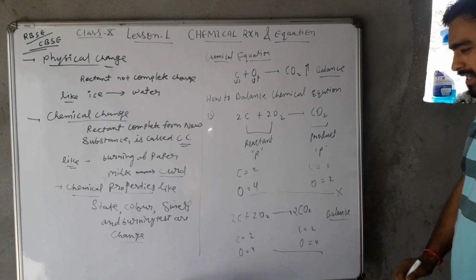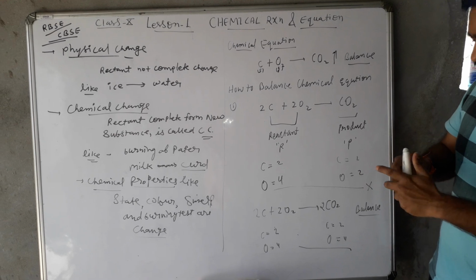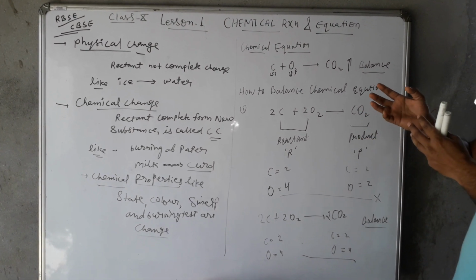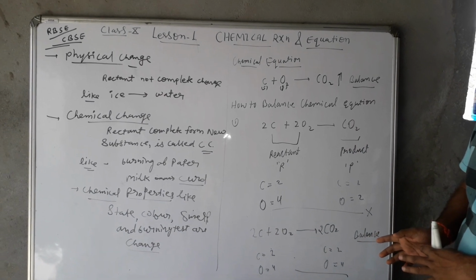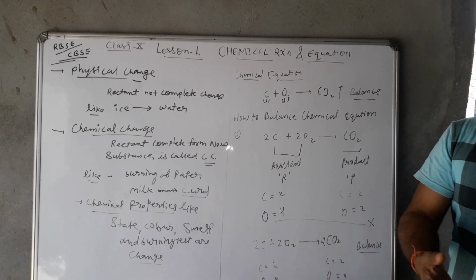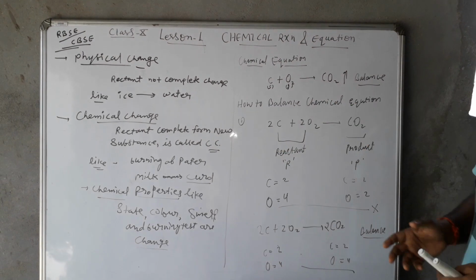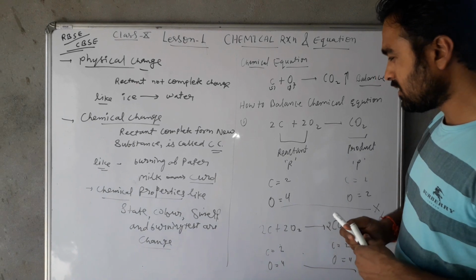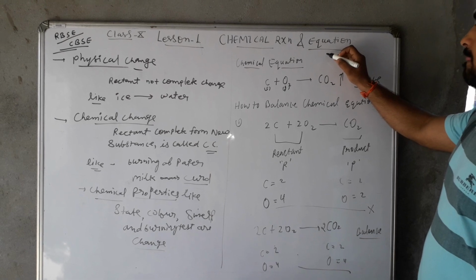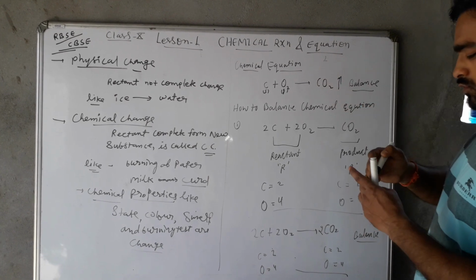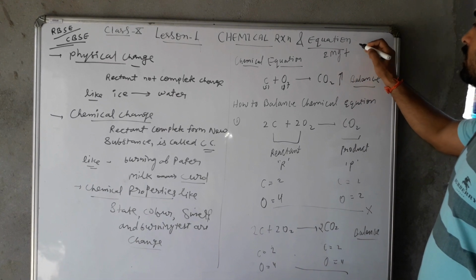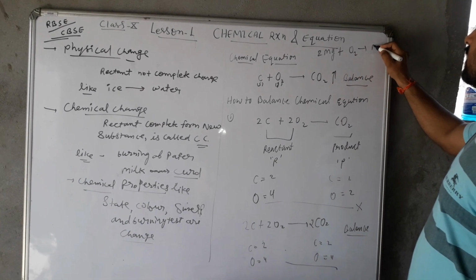This reaction is balanced. So students, you easily understand, because we take an easy example. Now I give you an example for practice on how to balance a chemical reaction. Write this example: Mg plus O2 gives MgO.